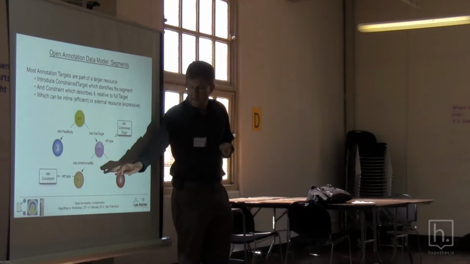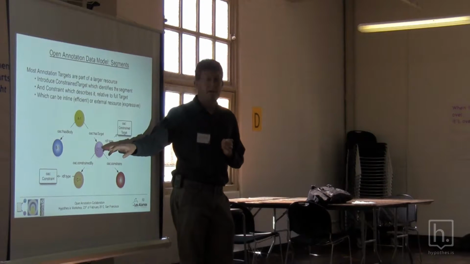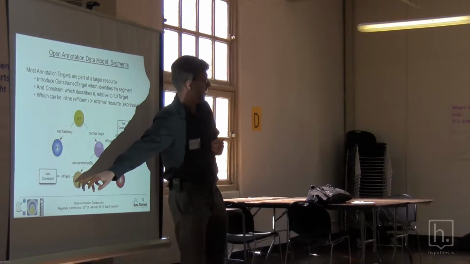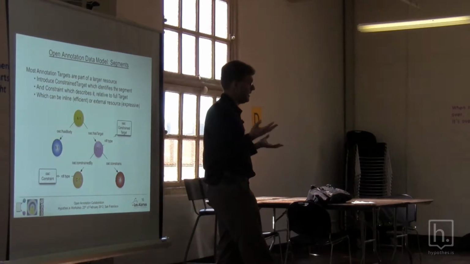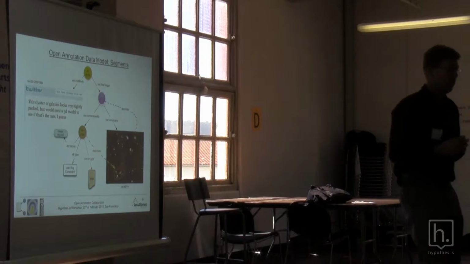So the constraint describes the part of the target that you're talking about. And the constrained target identifies the section described by this. So description and identity, we like to keep separate, and I'll show you why.